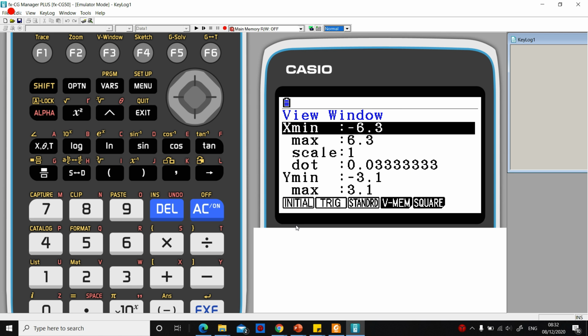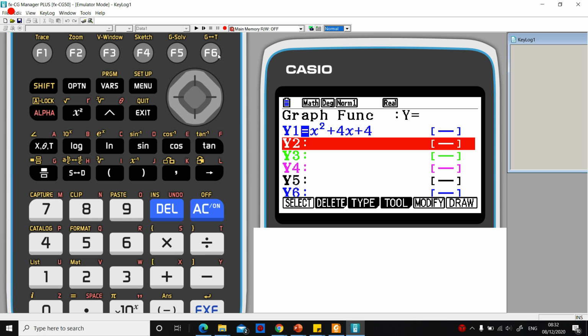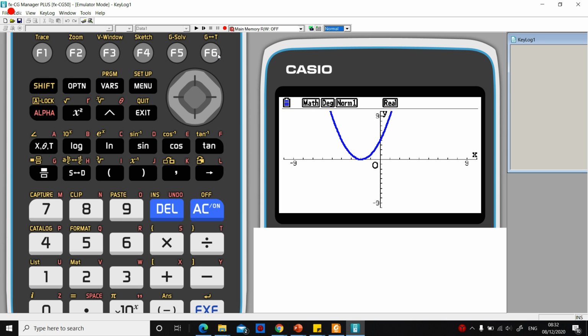Click F3, and you've got a choice: initial, trigonometry, standard, memory, and square. We'll look at standard, F3, sorry. Standard will change everything to 10, which is nice and easy. Now we can exit this and redraw our graph, and we have a better image because we can see where it crosses the y-axis.